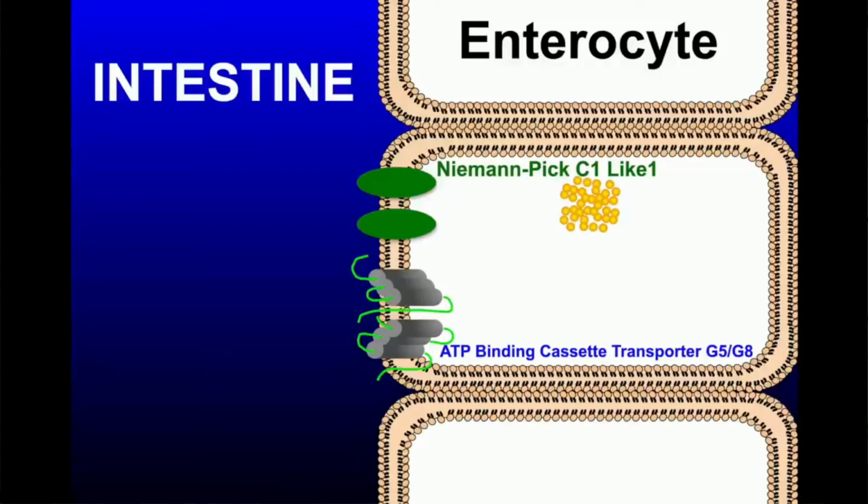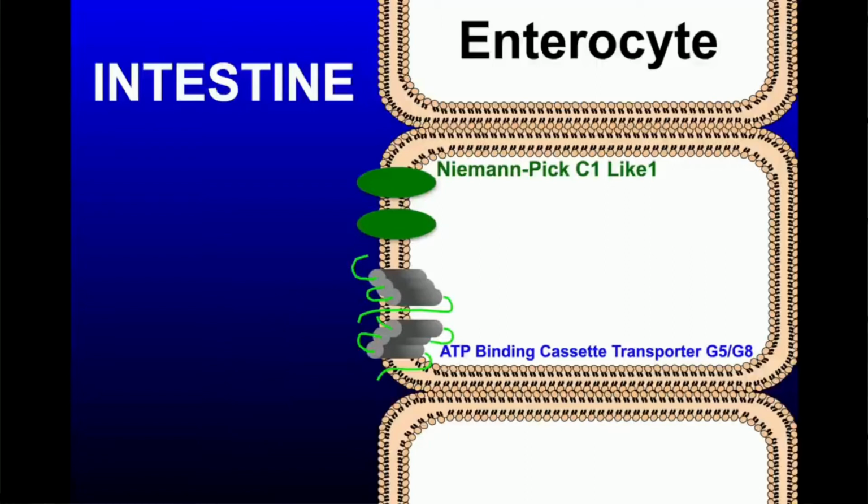We're going to evict it right back to the gut lumen. And they turn on the genes that express ATP binding cassette transporters G5 and G8. So if too many cholesterol molecules pass from the gut lumen into the enterocyte, they can be immediately re-evicted right back to the gut lumen, in which case they will pass through the rest of your intestine and be excreted in the stool.